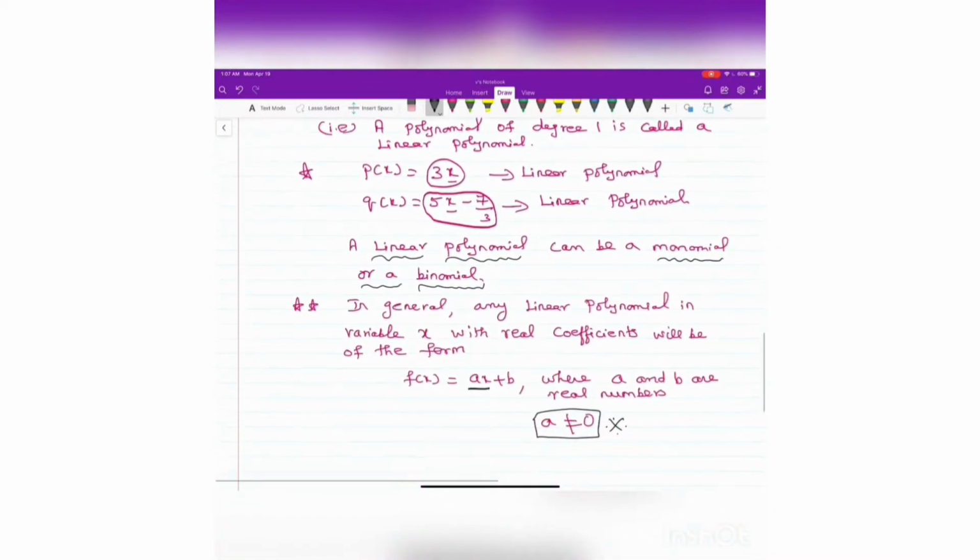Under this, the second one, B, quadratic polynomial. Now just consider Q of x is equal to minus 3x square plus 2 by 3x minus 5.